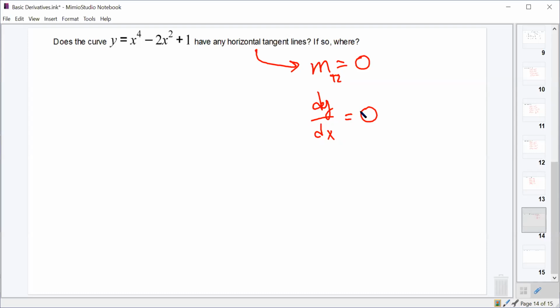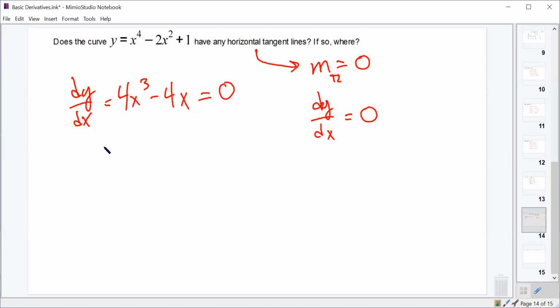Okay, so we should really easily be able to find the derivative of this. What does dy dx equal? 4x cubed minus 4x, exactly. And we want to know when does that equal 0.